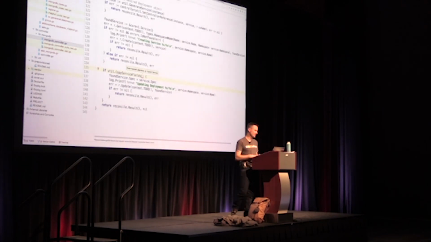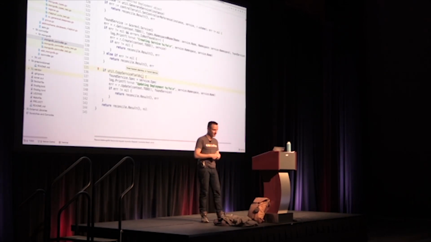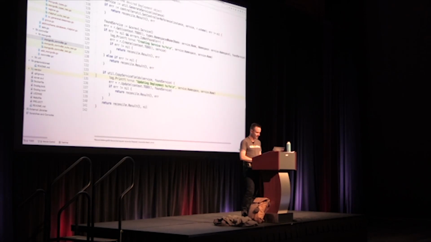And so I have this function here that will copy fields from the service you generated to the service that was read. And then return true if they didn't equal each other, if it did any copies. Because if they weren't the same, you're going to have to update it. So it copies the fields, and if they changed, go ahead and call update.